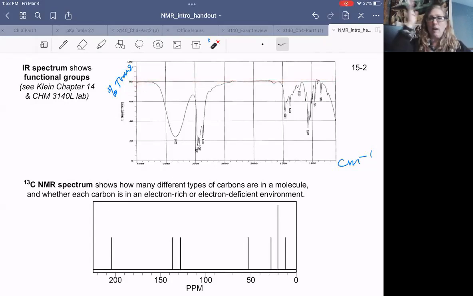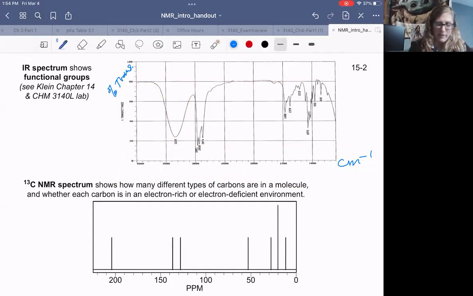But every once in a while, our sample will have a certain functional group, which of all these different energies of infrared light, this certain one corresponds to the energy it takes to stretch the bond or bend the bond and so on. And so that's when we get these absorptions, which we often describe as stretches, just because that's the motion that it is associated with.